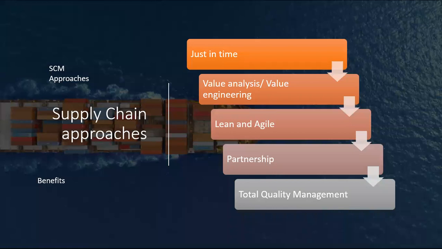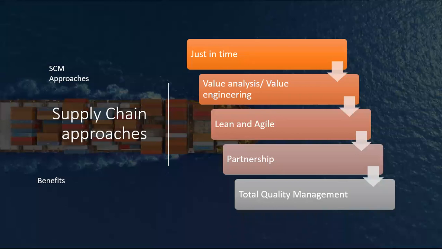VA and VE will help you to improve the quality of the product without raising the cost. Lean and agile also help you to lower the cost. Partnership will help you to lower the cost, improve the quality and improve the service.